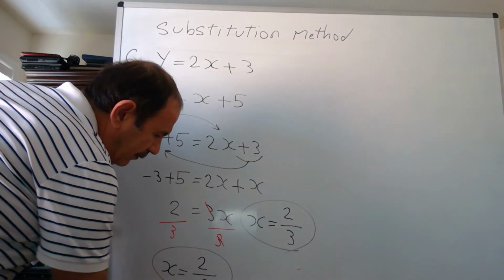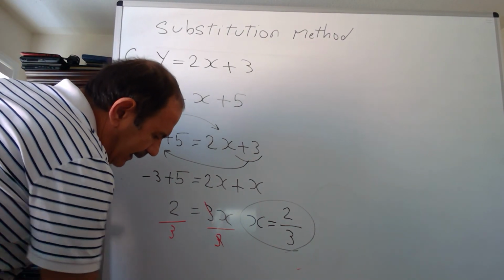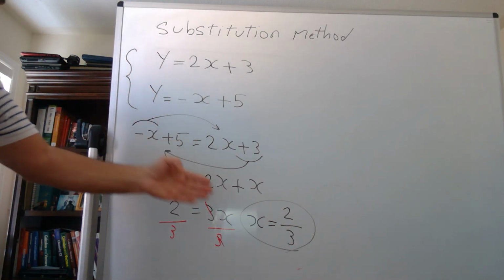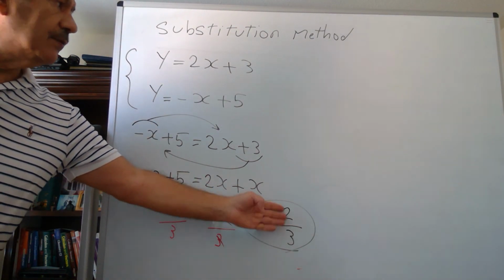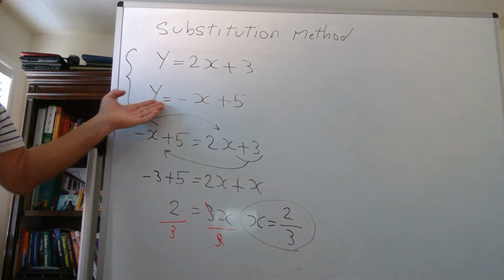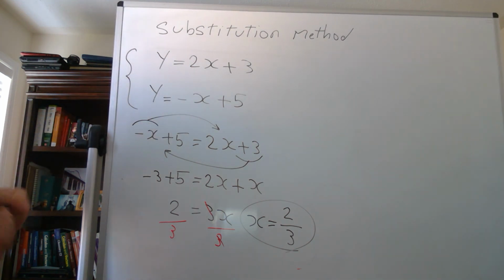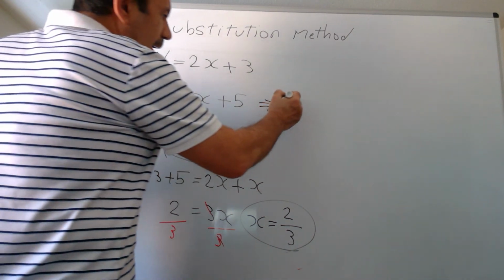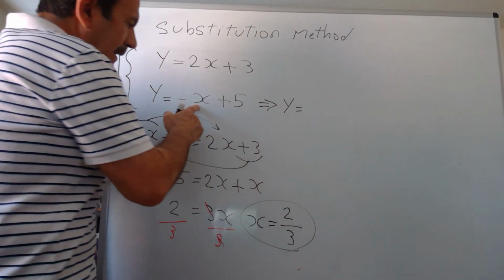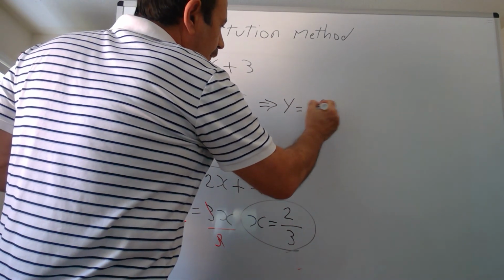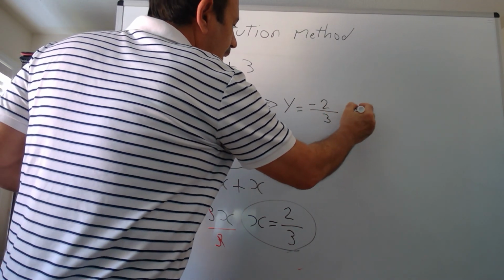Now for calculating y, it doesn't matter in which of these equations, either of them, whichever is easier. Instead of x, substitute 2 over 3. So in this one, if I substitute 2 over 3 instead of x, I will calculate y. Or in the top one, it doesn't matter. Let's substitute in this one. Then y is going to be, x is 2 over 3, and we have a negative here, so negative 2 over 3 plus 5.